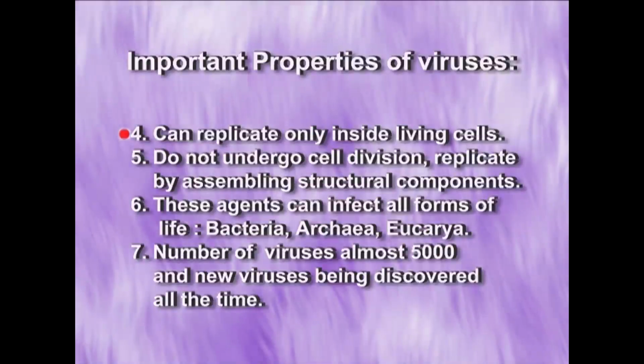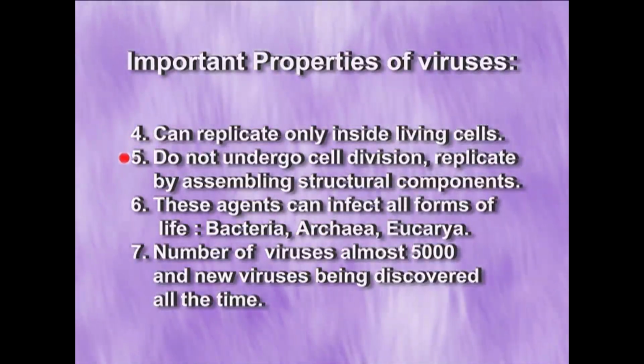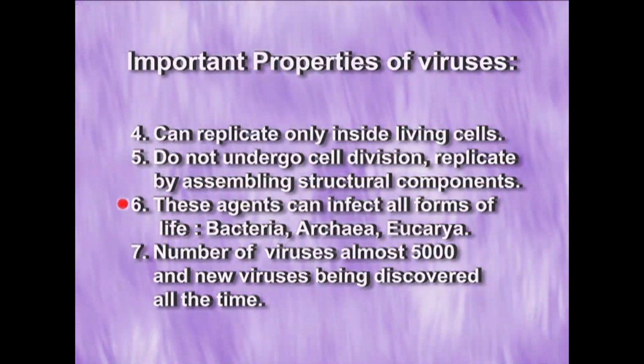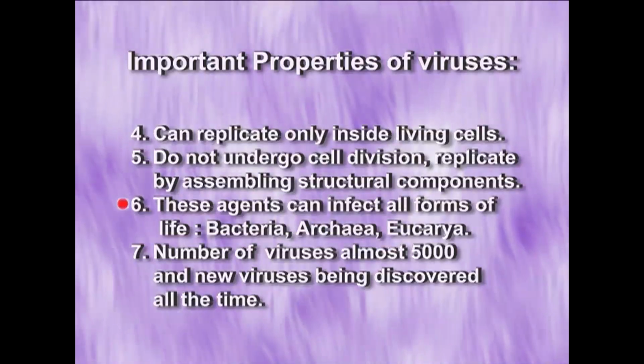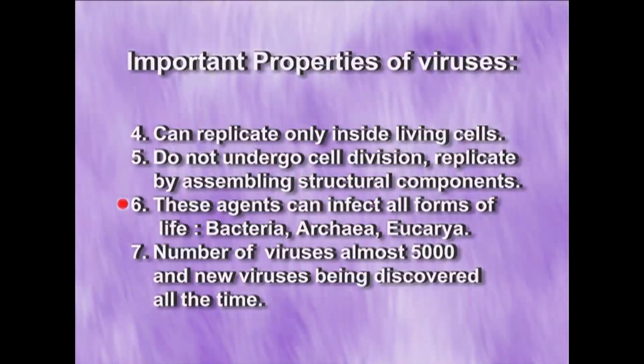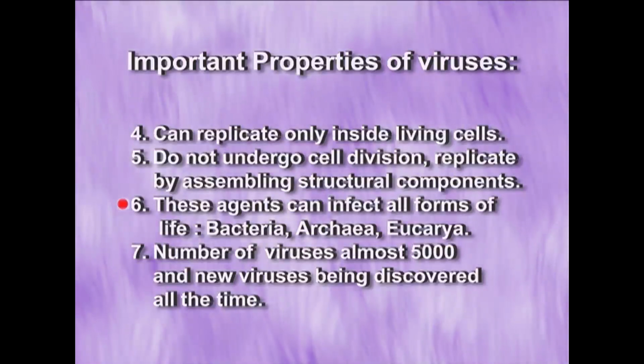It means they don't have their own protein biosynthesis machinery. They depend on the host cells for the supply of these things. Next, they cannot replicate outside the host cells. They can replicate only inside the host cells. Next, these agents can infect all forms of life, starting from bacteria, plants, animals. All of them are susceptible to infection by viruses.